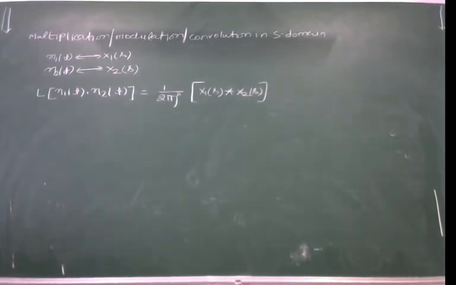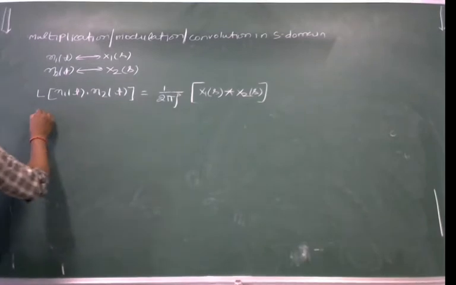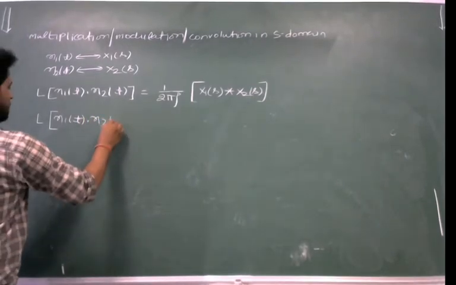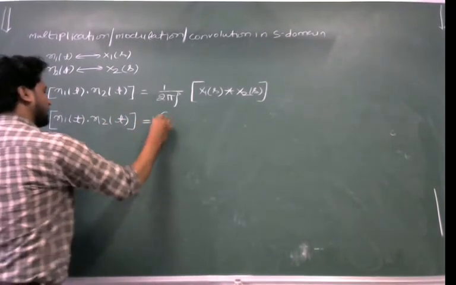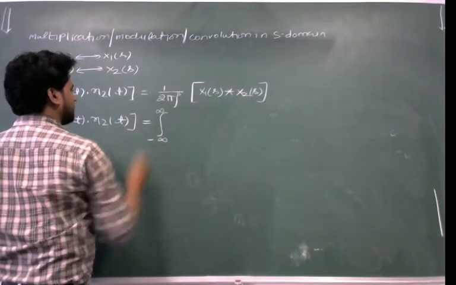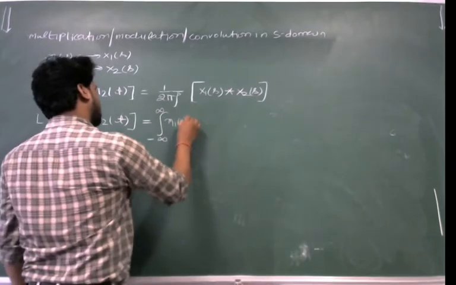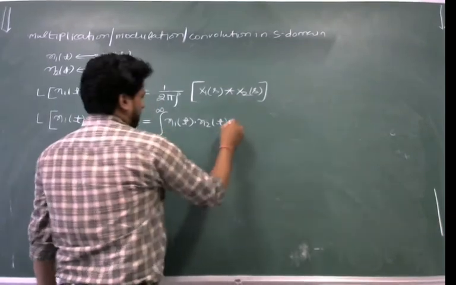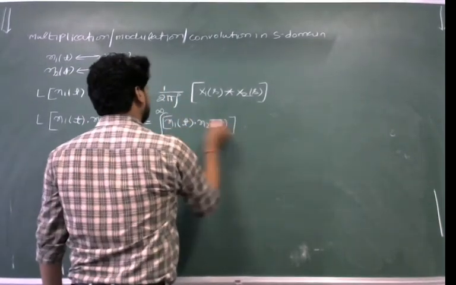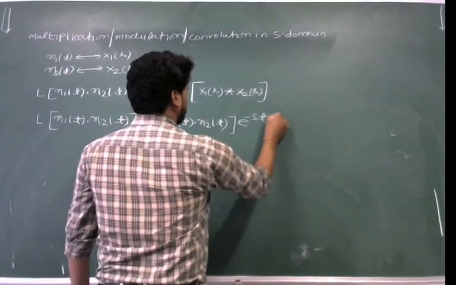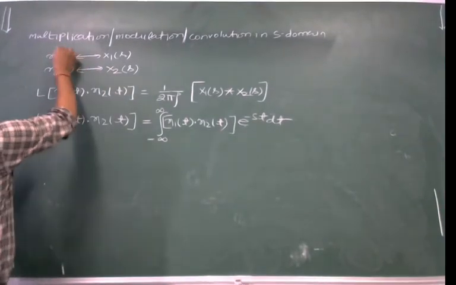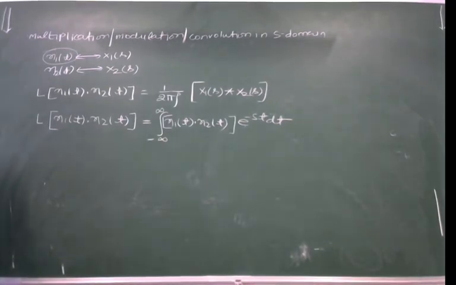We can find the proof of this as follows. The Laplace transform of x1(t) into x2(t) is the integral from minus infinity to plus infinity of x1(t) into x2(t) into e power minus st dt, and we take x1(t) as the inverse Laplace transform of X1(s).